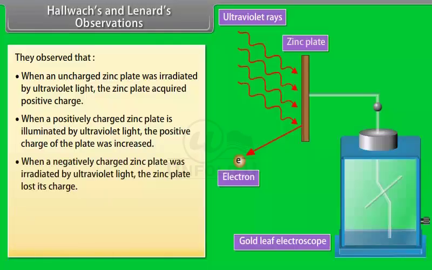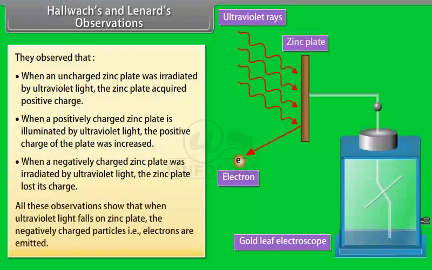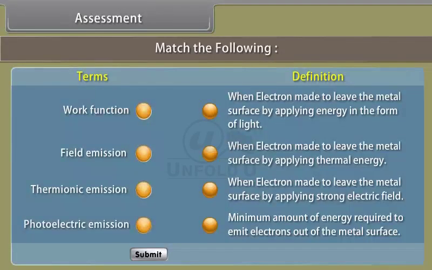When a negatively charged zinc plate was irradiated by ultraviolet light, the zinc plate lost its charge. All these observations show that when ultraviolet light falls on a zinc plate, the negatively charged particles, that is, electrons, are emitted.